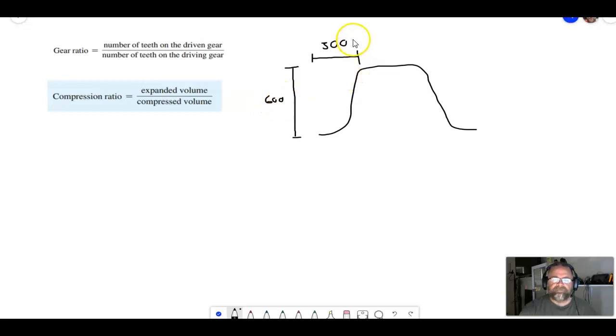What is the steepness of this hill, or really, if you've taken any pre-calculus, what is the slope of this hill?